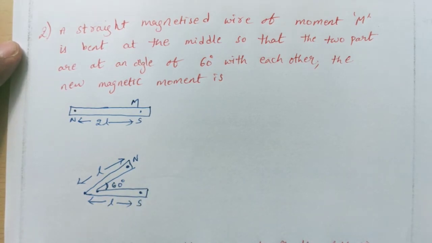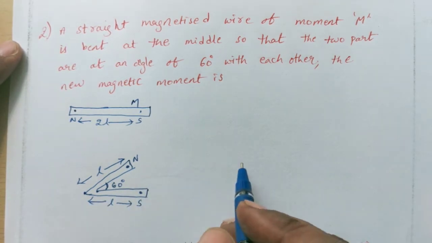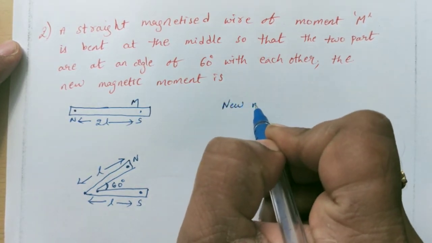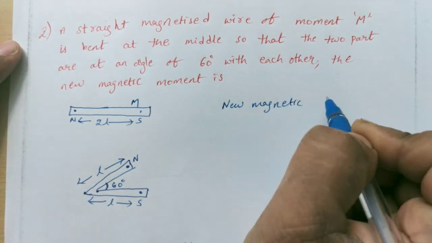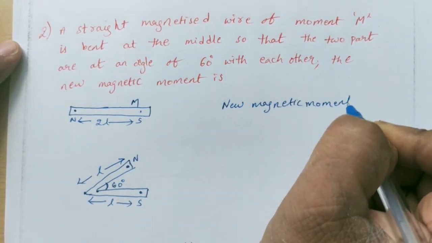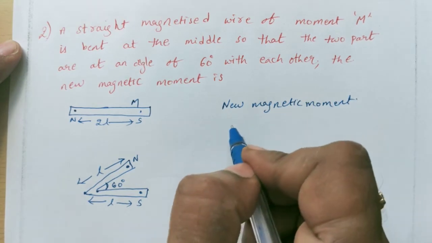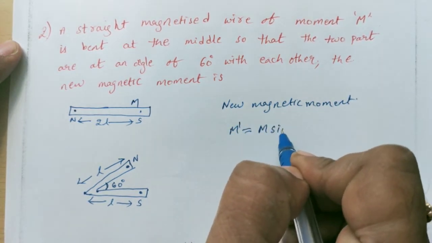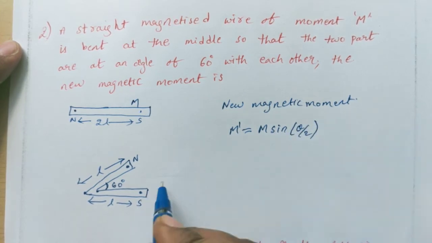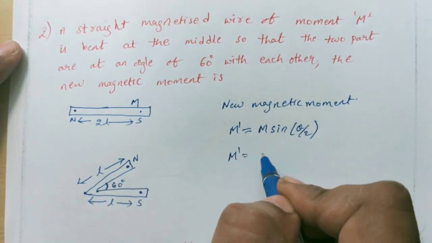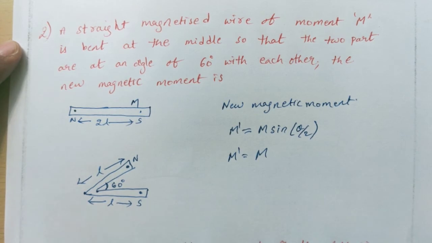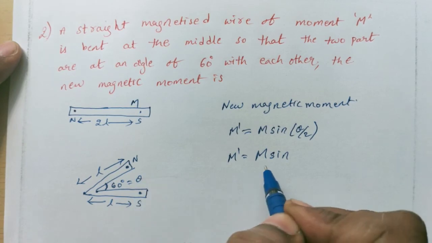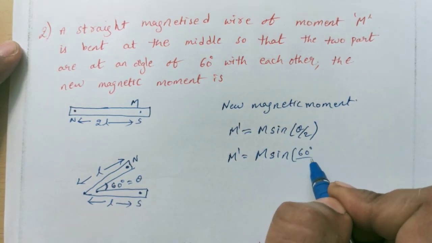Now we are bending at the midpoint, which means we have one standard formula for the new magnetic moment: m dash is equal to m sin theta by 2. Here m is the initial or original magnetic moment, and the angle is 60 degrees, so 60 degrees divided by 2.